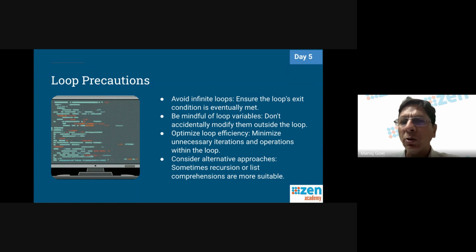One thing I told you already: we should ensure that there is an exit condition in every loop. So the loop must eventually end. It should not become an infinite loop, because then your code will never end.